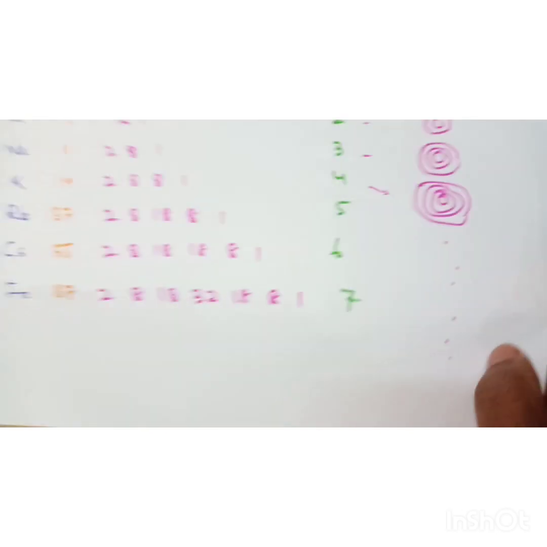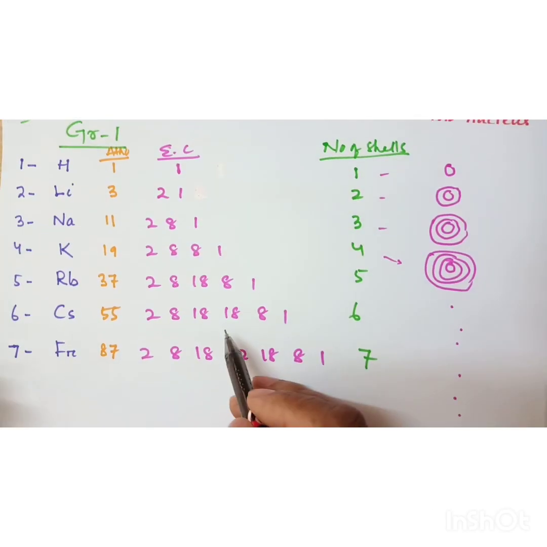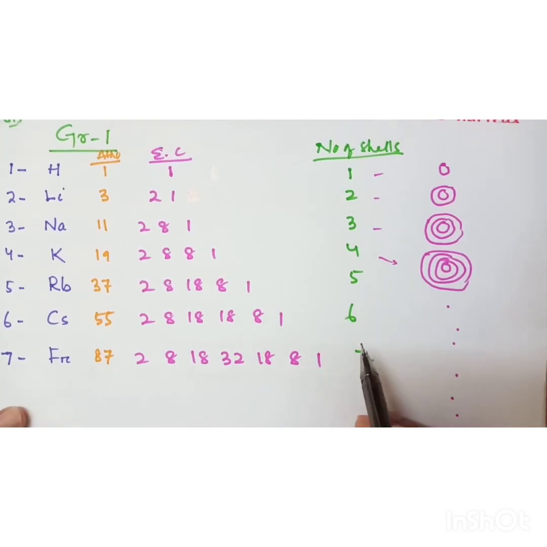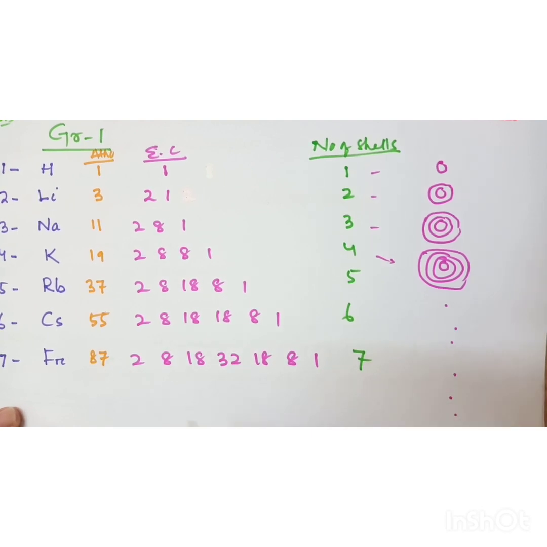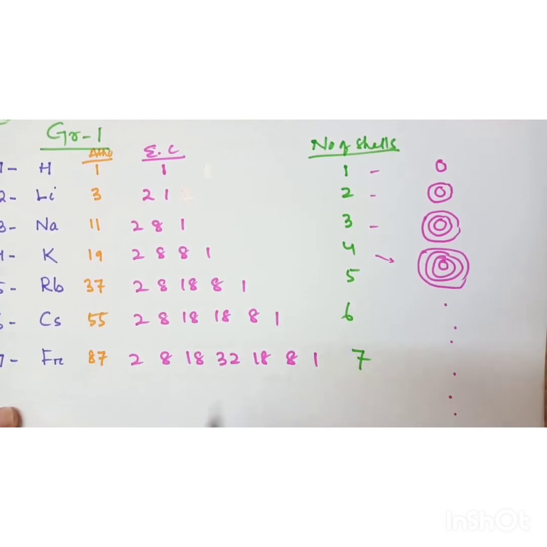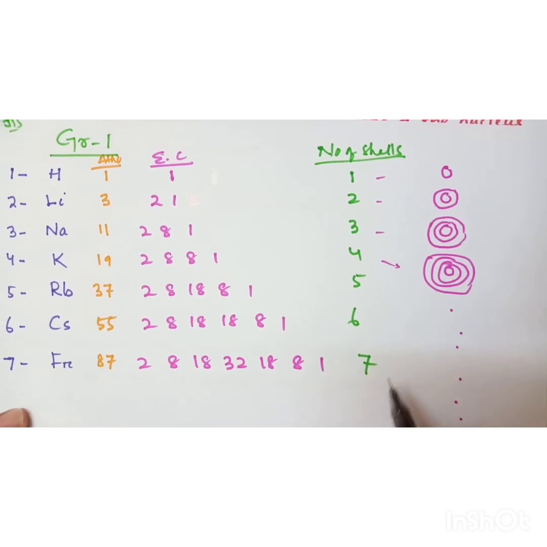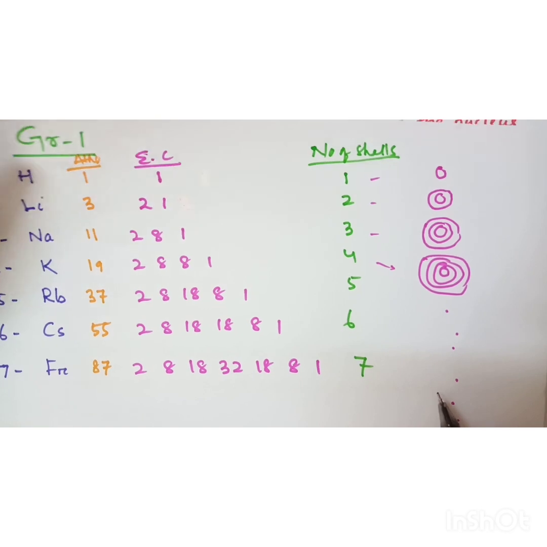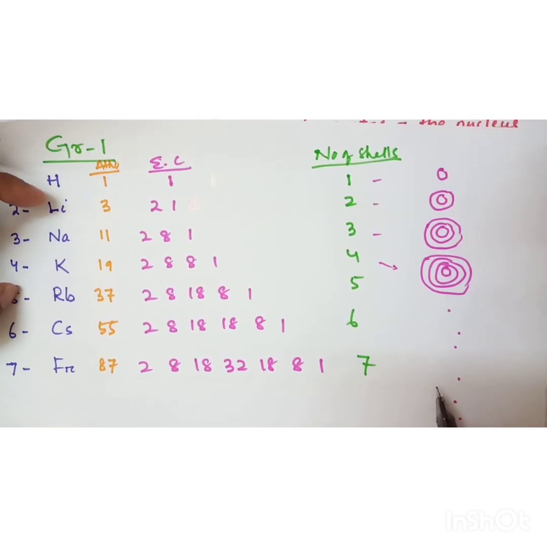Down a group, as the atomic size increases, the force of attraction is lesser. As the electrons of the outermost orbit lie further away from the nucleus, it makes it easy to remove the electron. Therefore, ionization potential decreases. Okay, so down a group, ionization potential decreases.